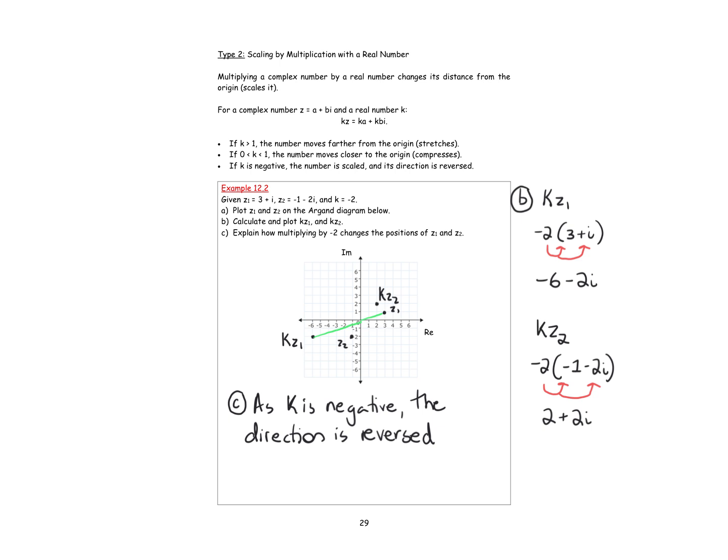So the direction is reversed, but also, ignoring the sign, we have the number 2, so k is greater than 1 in terms of ignoring the sign. And the fact that it is bigger than 1 means that it is moving further away from the origin, or it stretches.